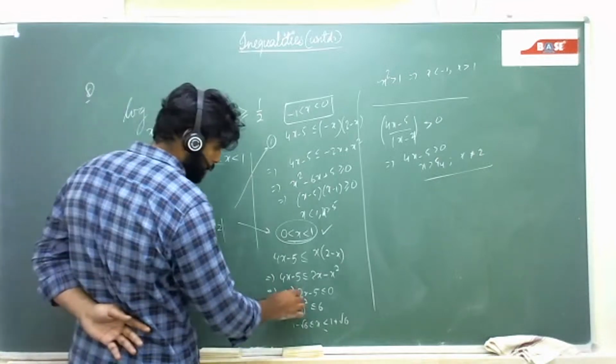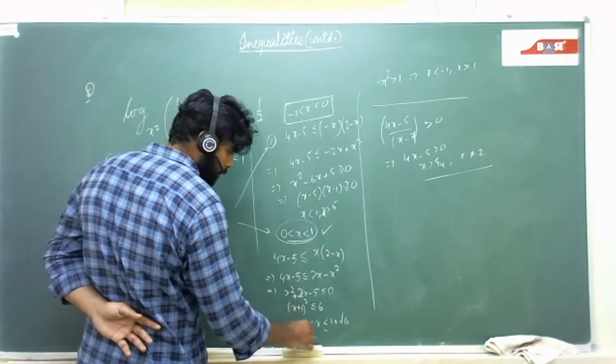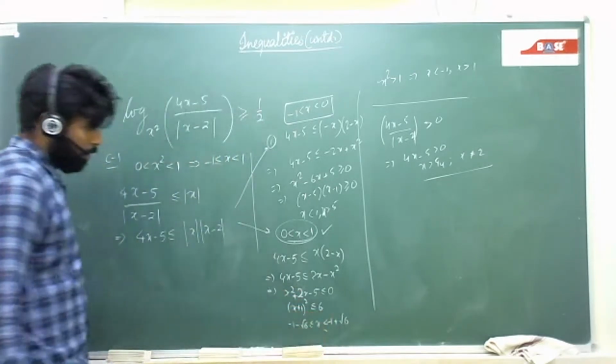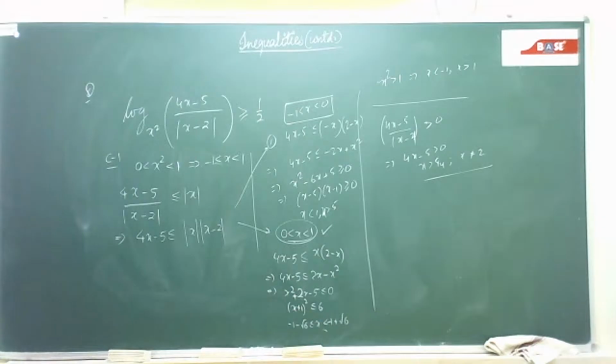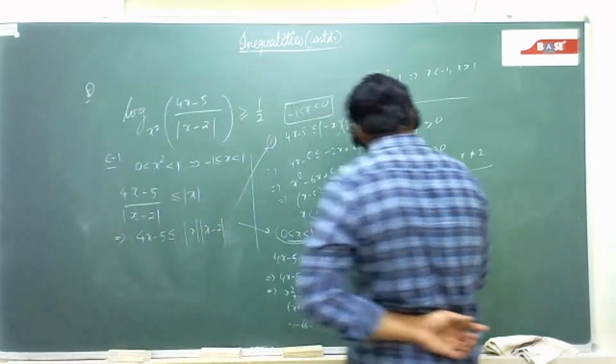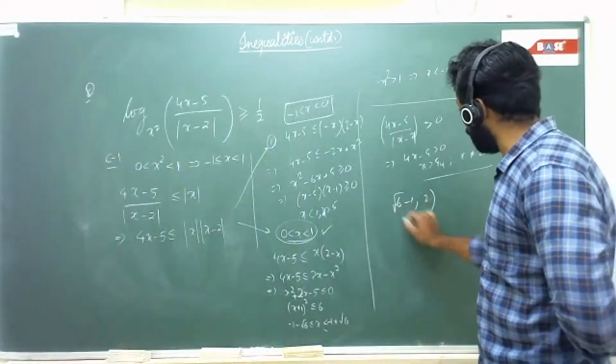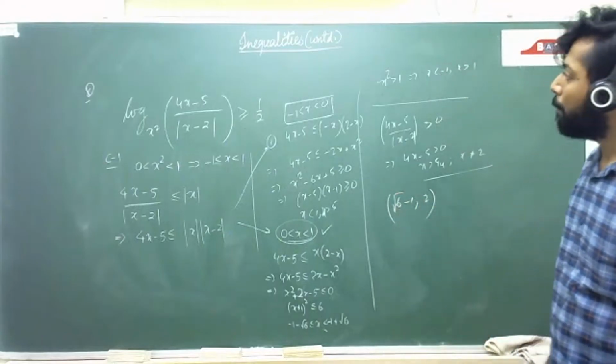So root 6, this is plus here. And we need to be positive. So 0 to root 6 plus 1. So ultimately we are getting it till root 6 minus 1 to 2 from this case.